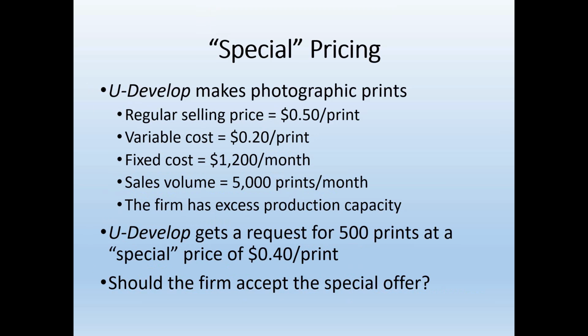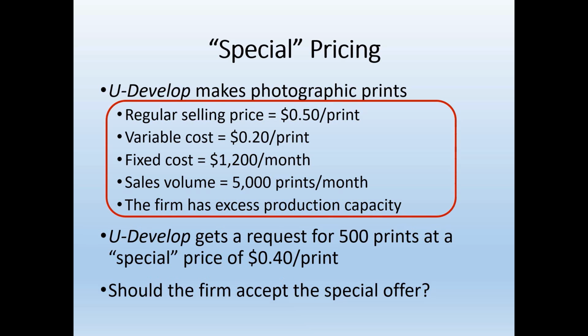Let's look at an example of how to analyze a special pricing decision. Develop makes photographic prints, and we have some information about their regular selling price for the prints, the variable cost per print, the fixed costs per month, and its current sales volume.